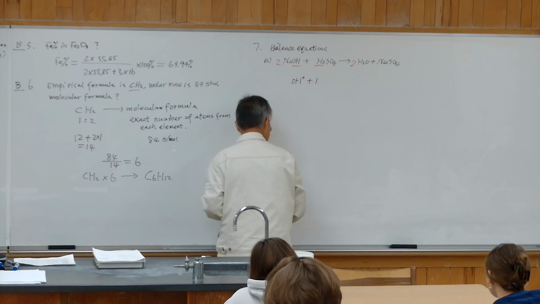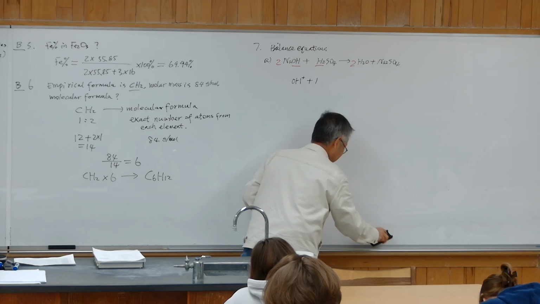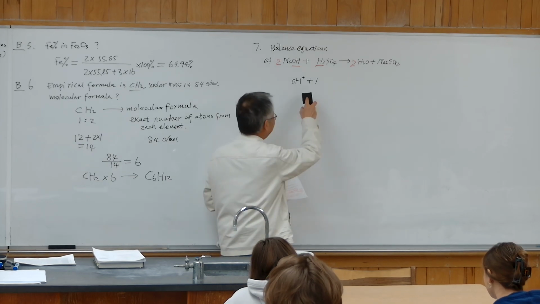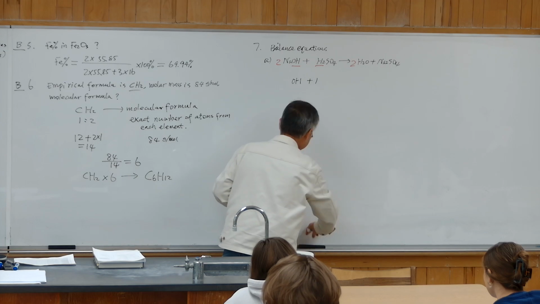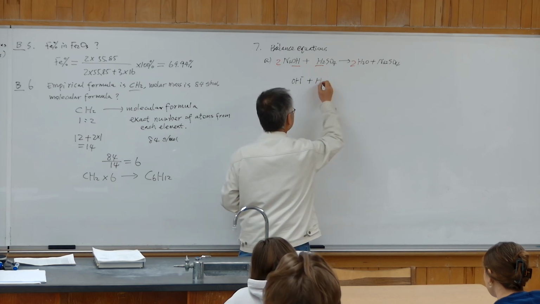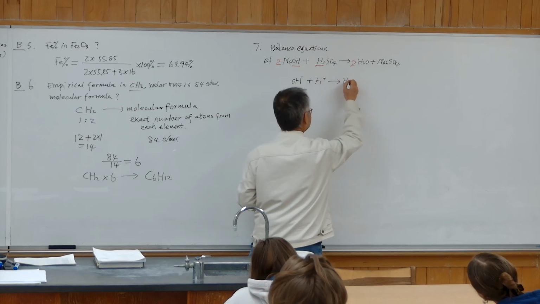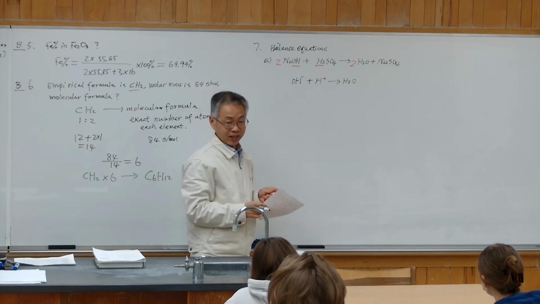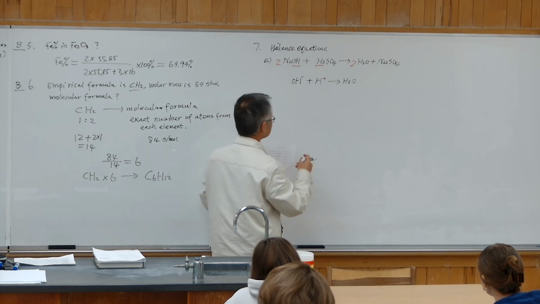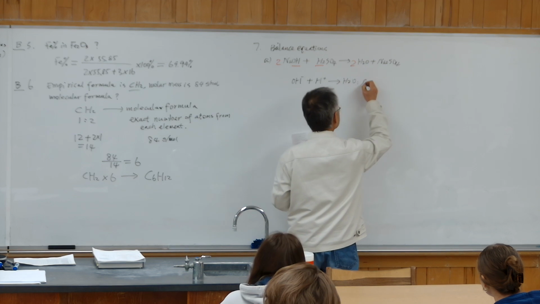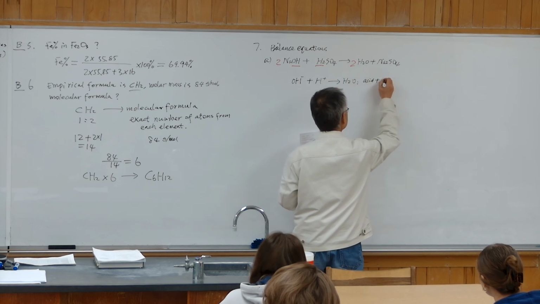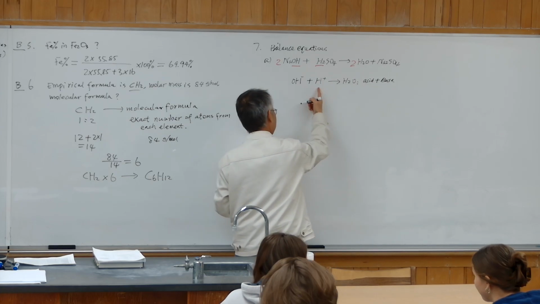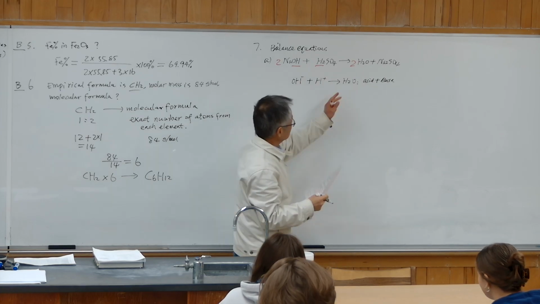Sorry, this is a mistake. Why is this wrong? Negative, yeah. OH is negative, hydrogen is positive. So this is the critical thing for any acid-base reaction: one hydrogen ion reacts with one hydroxide ion to produce one water.